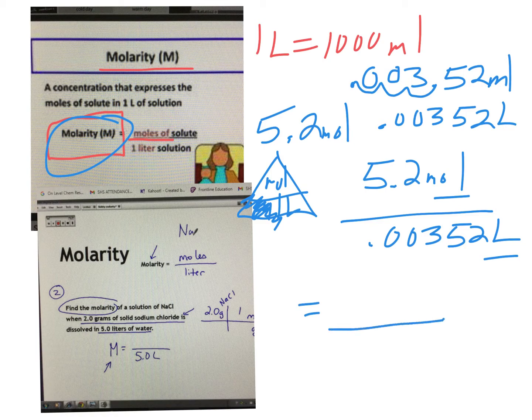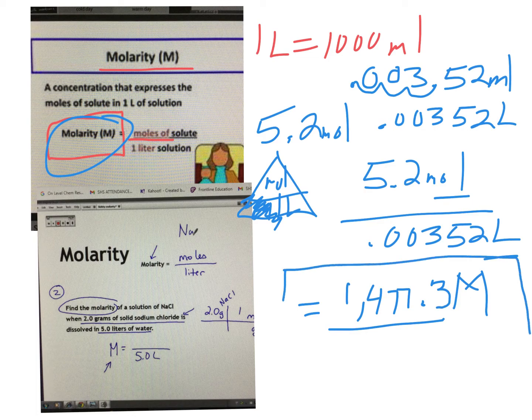This will give you your concentration. Okay, so grab a calculator and put 5.2 divided by 0.00352, and that's going to give you 1,477.27273. So we can have 1,477, and you can round off that 2 because of the 7 to a 3. This will be your molarity of whatever compound we were working with. Okay?